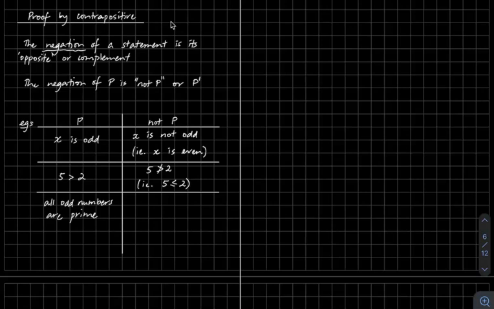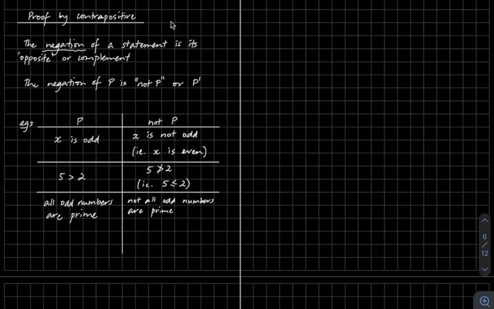Now what about this one? All odd numbers are prime. We could say not all odd numbers are prime. Now you might think, well, it's more natural to say all odd numbers are not prime, but in fact that's not the negation of that statement.